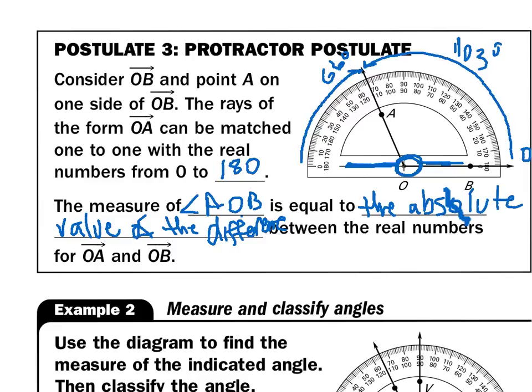Oh, it's not 103, 113. Or 14. 114. How do you know which one to measure with? Well, if you look at this angle, it's a big fat angle. We're going to need the fatter measure, aren't we? If we called it the 66, we'd actually be measuring this angle and not the one we wanted. So just be careful.